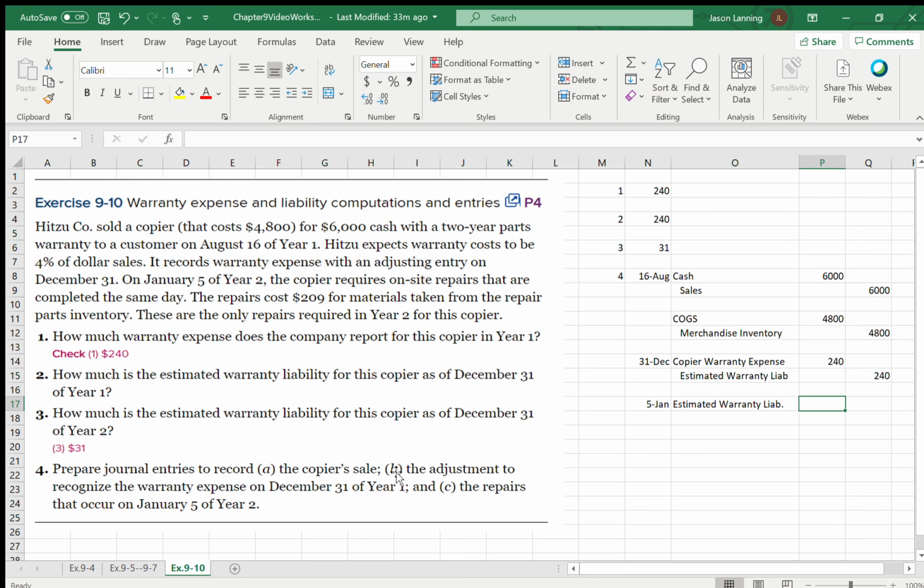Liability credited is the normal balance. So when we debit it, we're lessening that liability. And then we take this from repair parts inventory. This would not be the same as merchandise inventory. Don't think that. This is a different thing. This tells us this is from repair parts inventory.